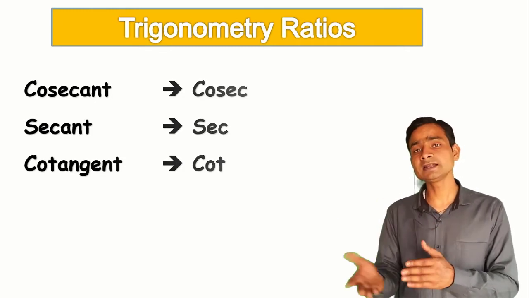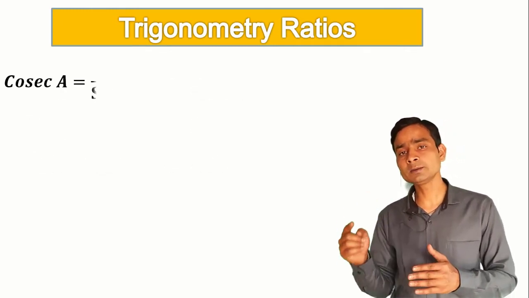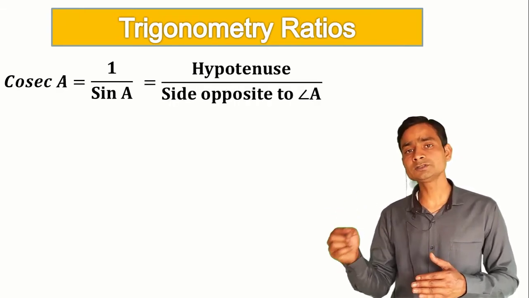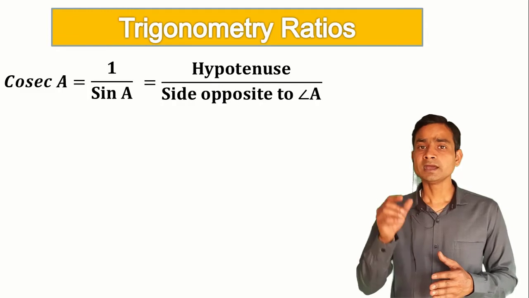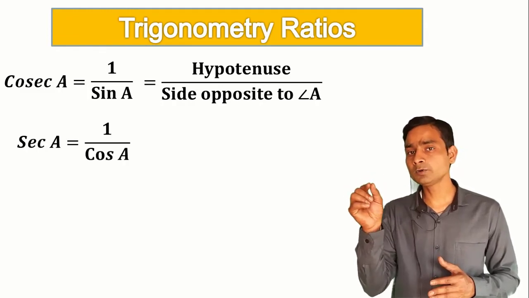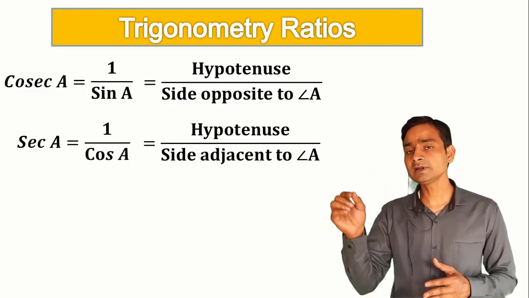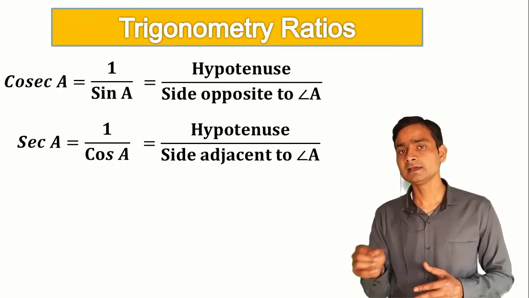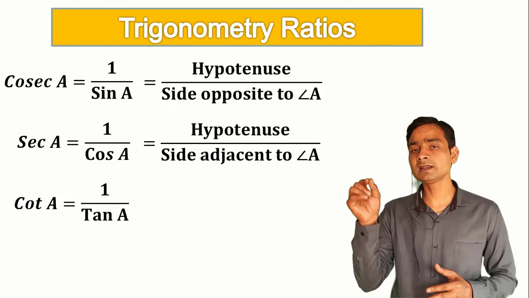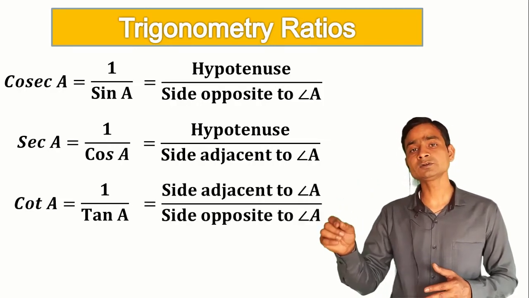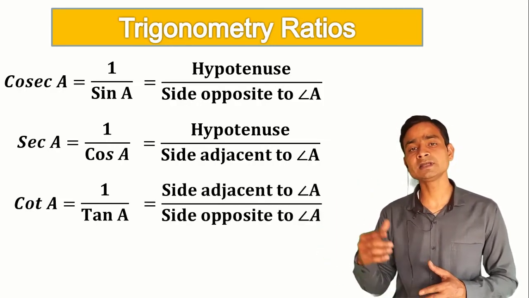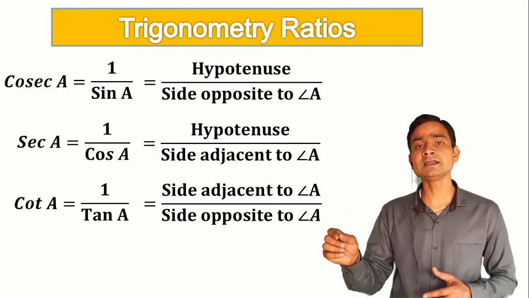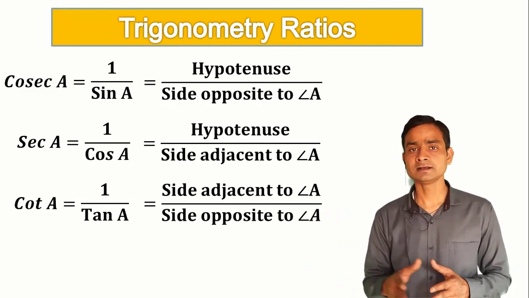So these can be written as cosec A is equal to 1 upon sin A, or hypotenuse upon side opposite to angle A. And sec A can be written as 1 upon cos A, or it can be written as hypotenuse upon side adjacent to angle A. And cot A can be written as 1 upon tan A, or in terms of the sides of the right triangle it can be written as side adjacent to angle A upon side opposite to angle A.